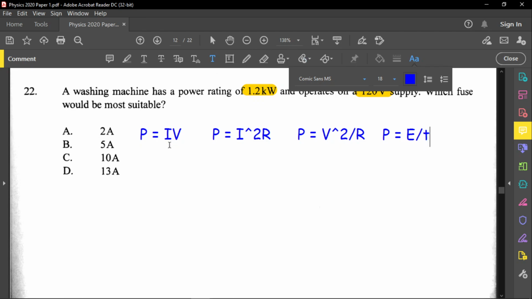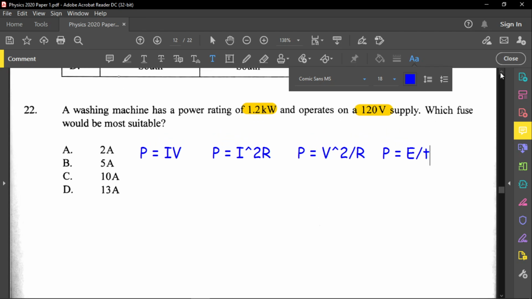But in terms of what we have, the most suitable formula here, since we have power and voltage, to find current, we're going to use the first formula. I just wanted to demonstrate those formulas for you real quick. So here we want to find current. Current based on this formula is equal to P over V, which is power over voltage.